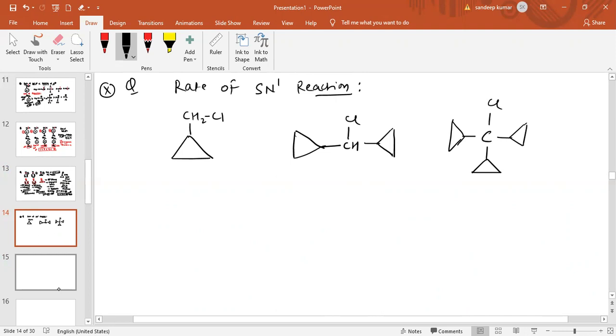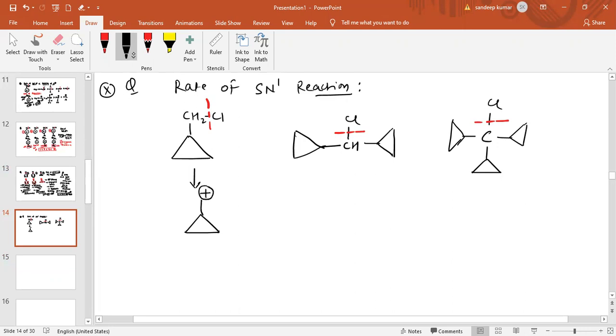Now see what happens. First of all, break the carbon-chlorine bond in each. Now you can see the carbocation obtained after the removal of the leaving group. The carbocation obtained is this one.